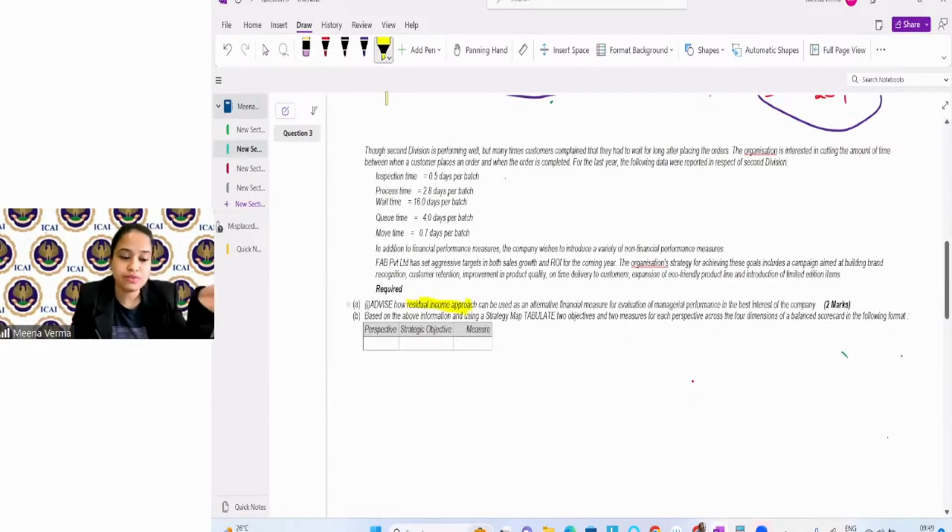Instead of return on investment, if you are taking the same decision considering the residual income, tell us whether it's a good decision or not. You have to tell it, right? Okay. So let's see if we consider the residual income, will it be a beneficial decision or not?